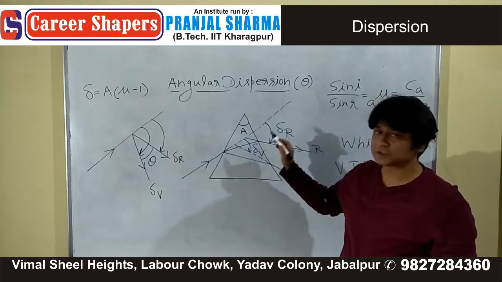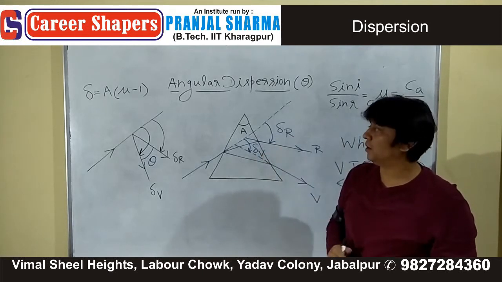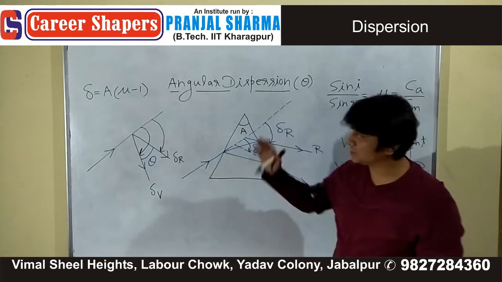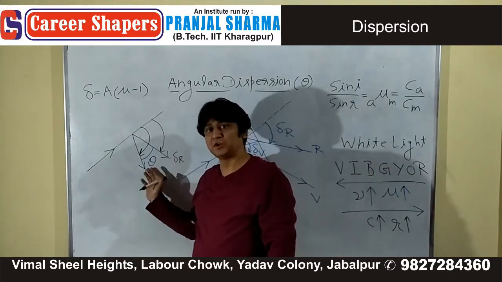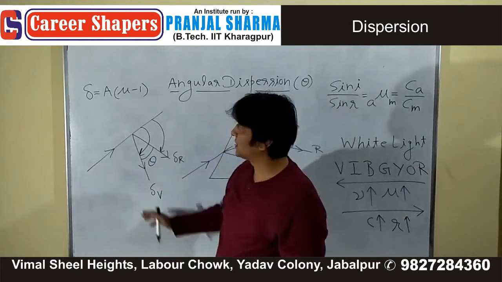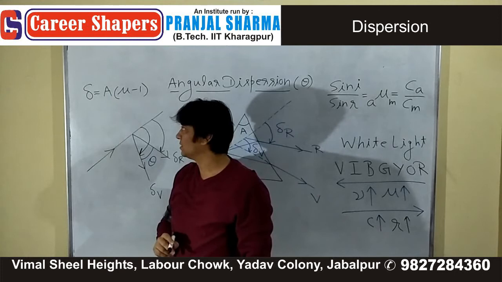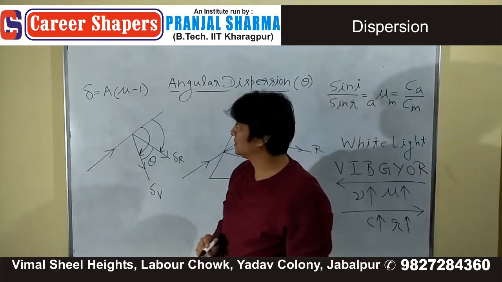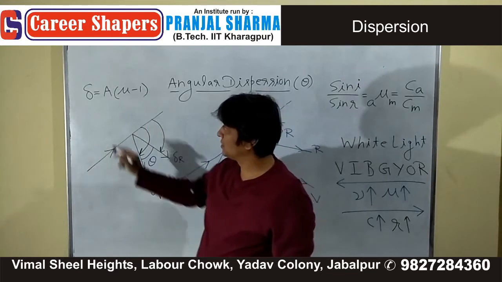But if angles are small, then we can say that all these deviations are almost the same. And therefore, although these are not minimum deviations, we can still take delta as A times (mu minus 1) because of small angles.